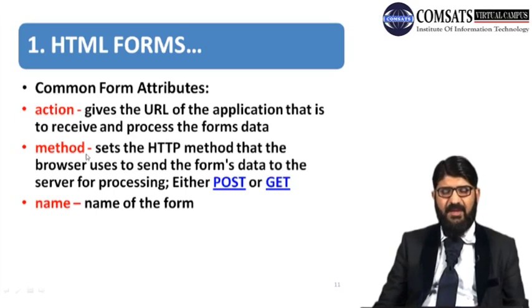The major methods used by HTTP are get and post. We will see in the next slide what is get method and what is post method. And then the name attribute, the most common attribute of the form, where you have to mention what will be the name of your form.